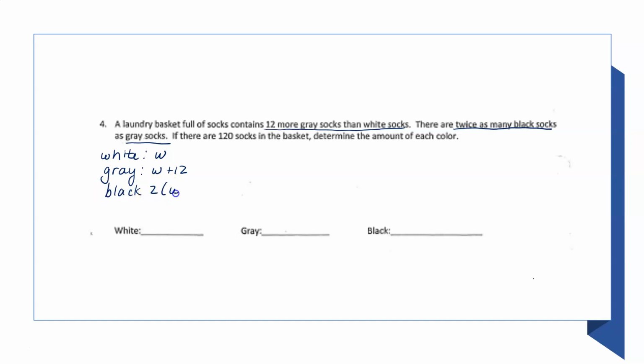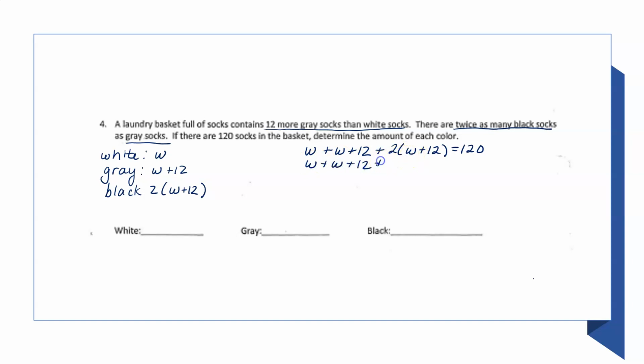So 2 times W plus 12. Okay, so we add all of these up. So we have the white ones plus the gray ones plus the black socks, and there's 120 total. So let's do some distributing.